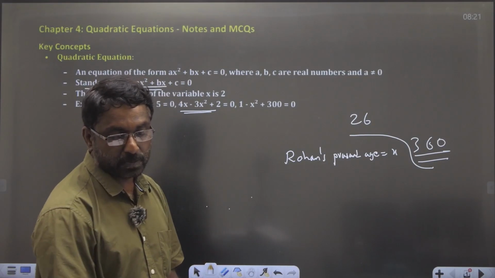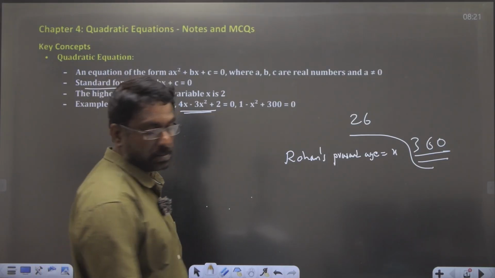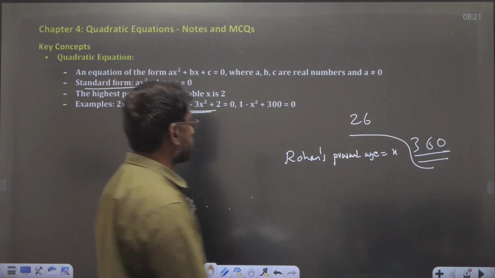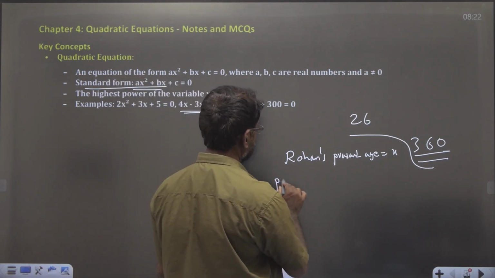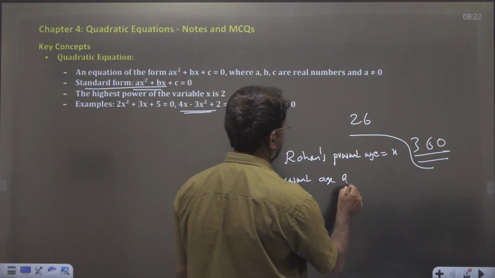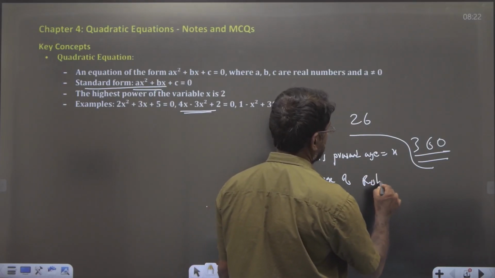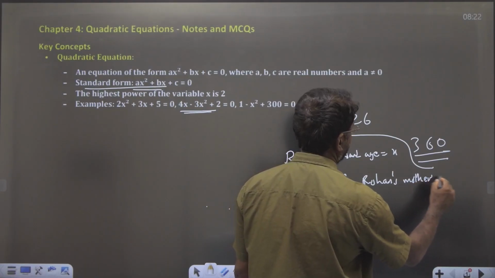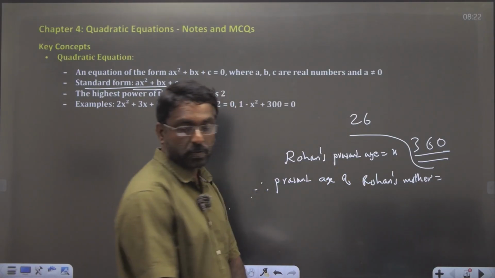Then, as per question, what is the present age of Rohan's mother? Rohan's mother is, as per question, what is it?